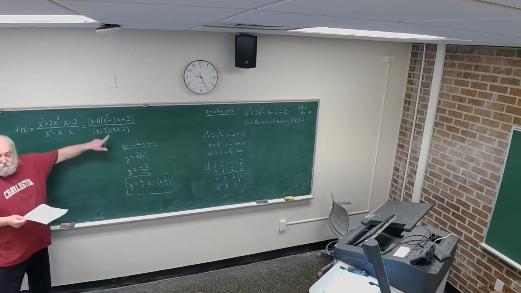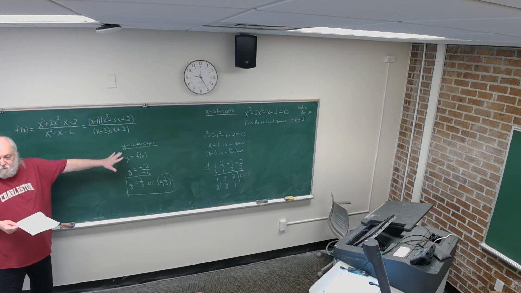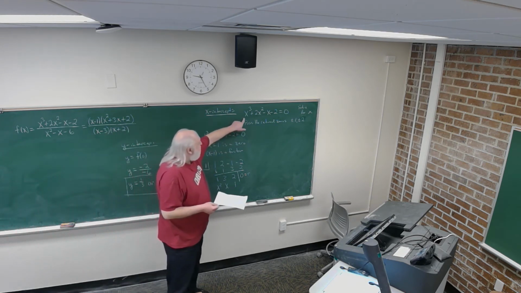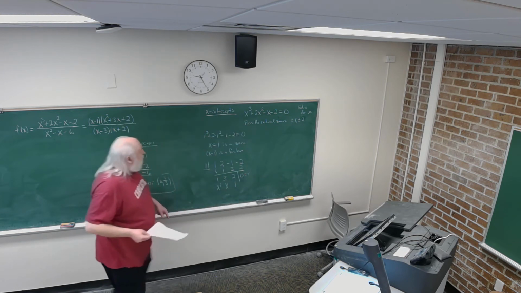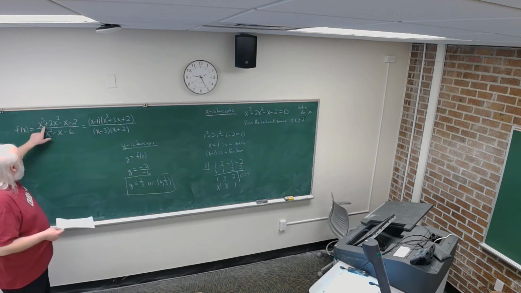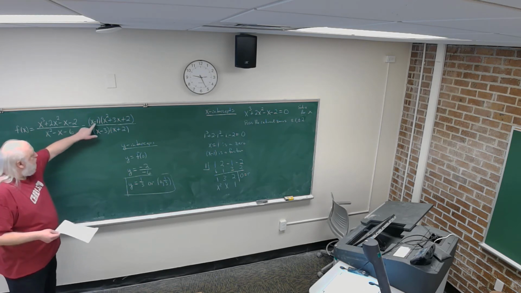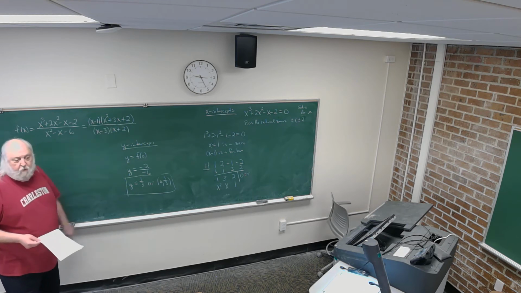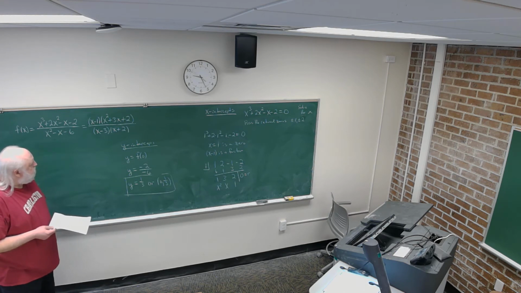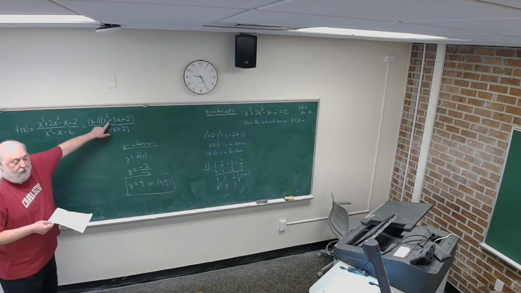Well, now, does everybody follow what we've done so far? Okay. We found x minus 1 to be a factor of our third degree polynomial. And then using synthetic division, we were able to factor our third degree polynomial into x minus 1 times this quadratic. Okay. Well, this quadratic factors.